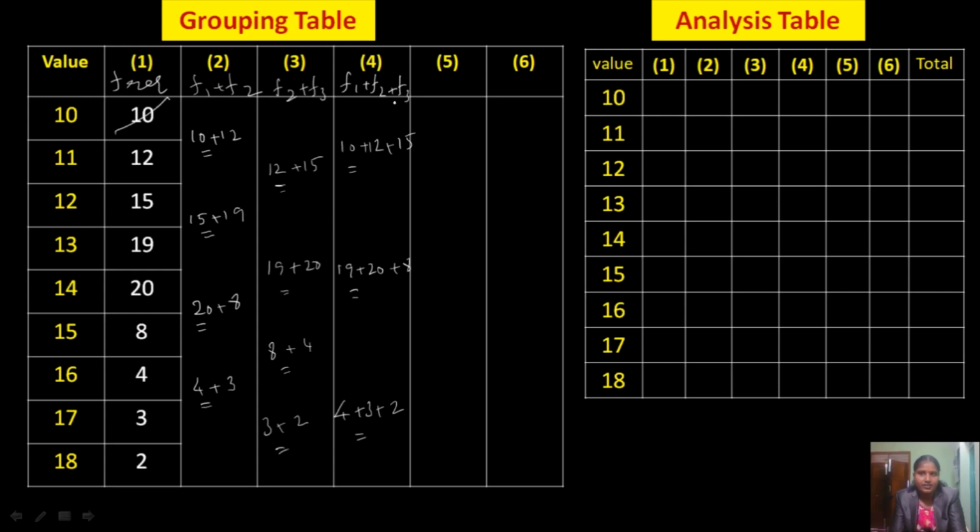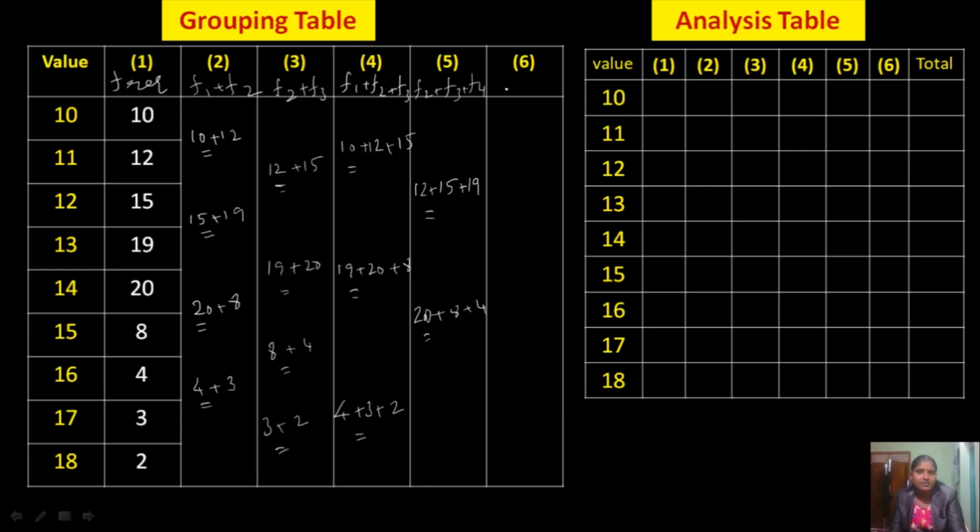Under column 5, omit the first frequency and add the remaining frequencies in threes, that is F2 plus F3 plus F4. You have to add 12 plus 15 plus 19. Then 20 plus 8 plus 4. Since we are having only two values remaining, just leave it.